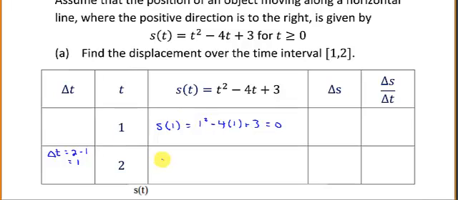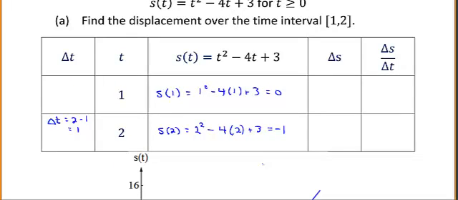And at t is equal to 2, we'll have 2 squared, which is 4, minus 4 times 2 plus 3. So this would be 4 minus 8 is negative 4, plus 3 is negative 1. Let me check that again. 4 minus 8 is negative 4, plus 3 is negative 1.